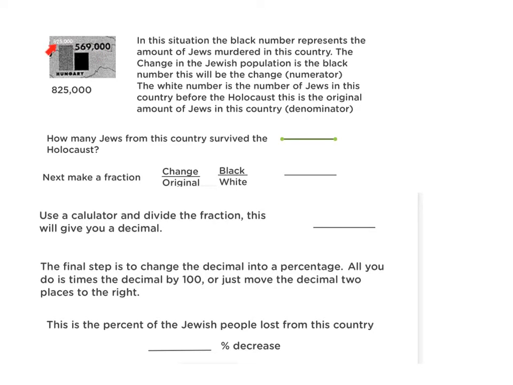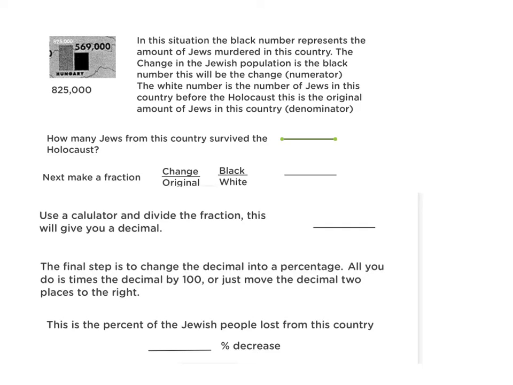The white number is the beginning population. If you can't see it very well, I wrote it underneath. 825,000 Jews were alive before the Holocaust, and 569,000 Jews were murdered. So how many Jews survived?